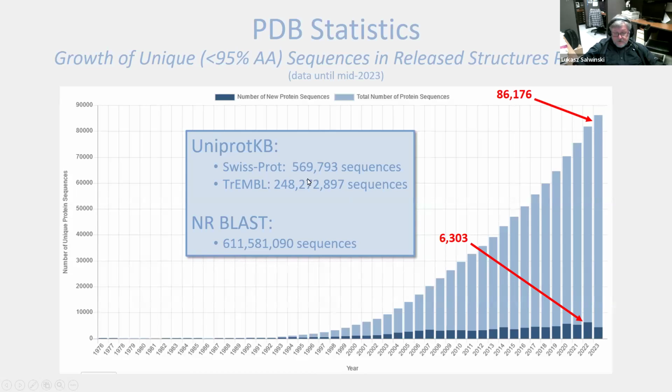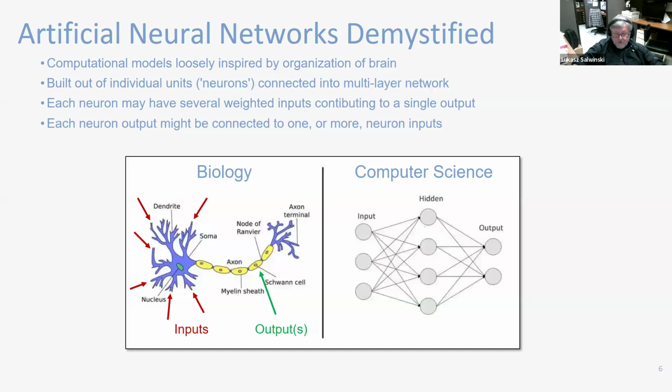So that's once more the difference in the number of sequences versus the number of structures. We're getting altogether hundreds of millions of sequences and only hundreds of thousands of protein structures. So that's the gap we're trying to fill in.